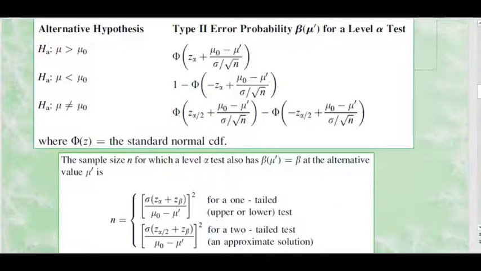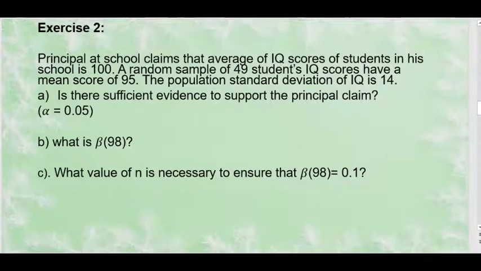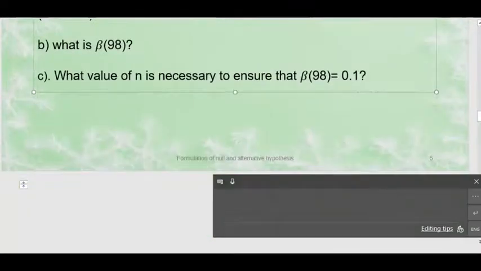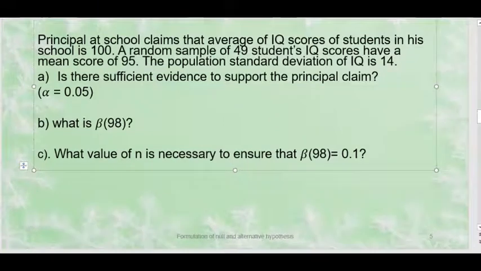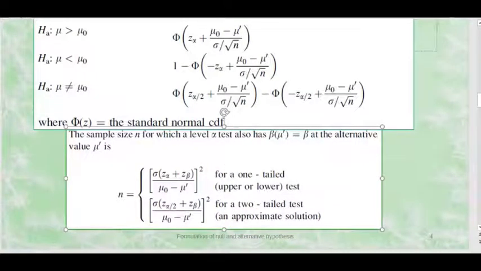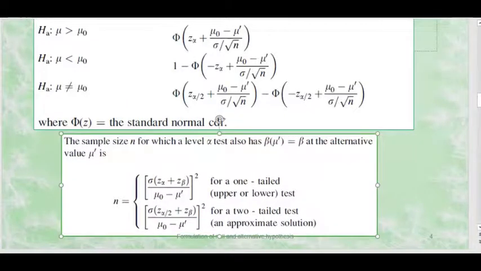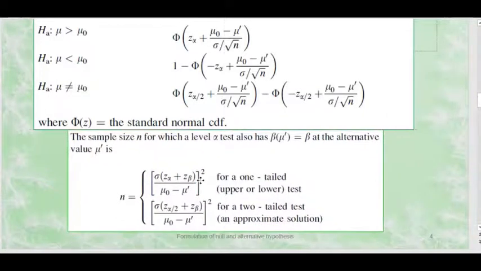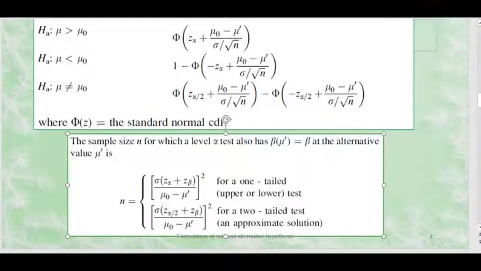And in part C, what value of n is necessary to ensure that beta 98 is equal to 0.1? So again, if you look at the formula here for the two-tailed test, sigma times Z alpha divided by 2 plus Z beta, and then divided by mu 0 minus mu prime, to the power 2.